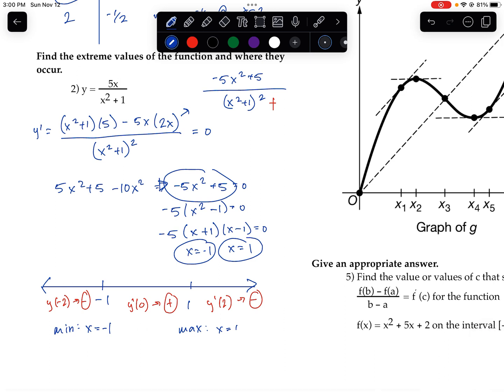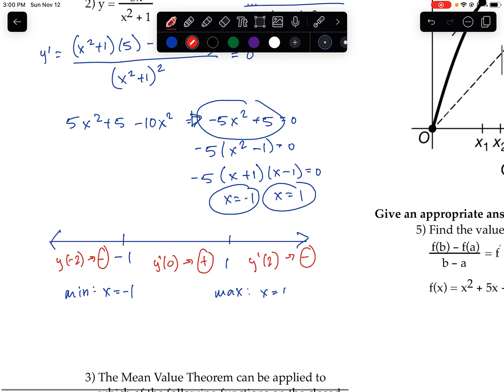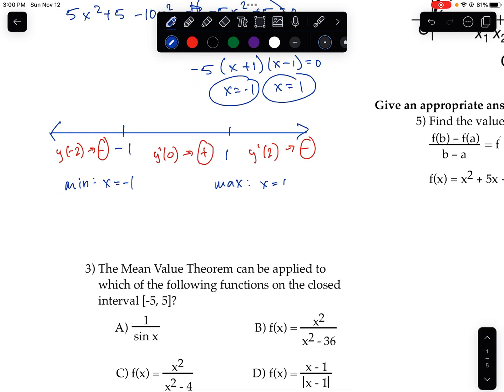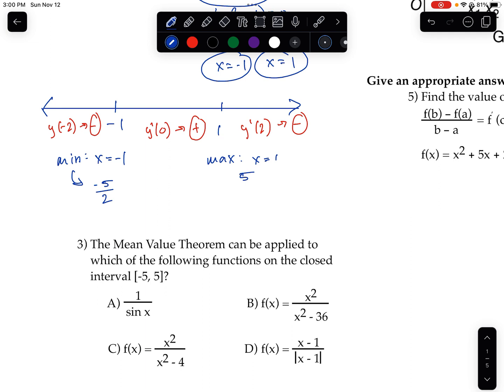So if I plug -1 in here, we'll get -5 over, and then -1 squared plus 1 is 2, so -5 over 2. So the minimum is -5/2, and then if I plug in 1, I'll get 5/2. So this will be 5/2.